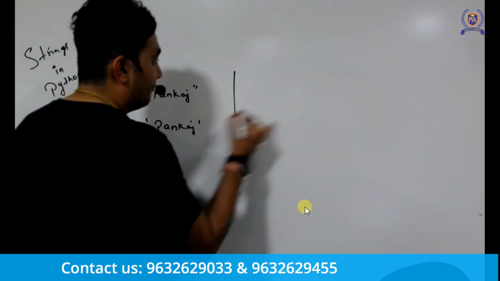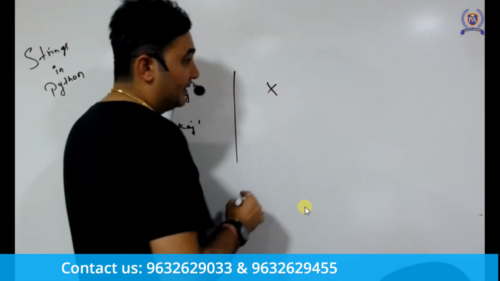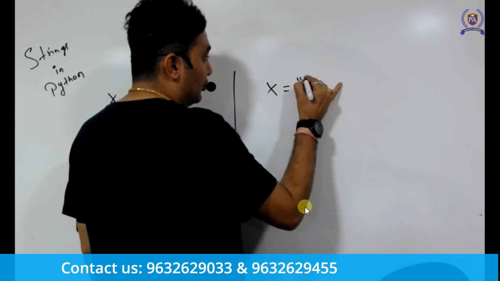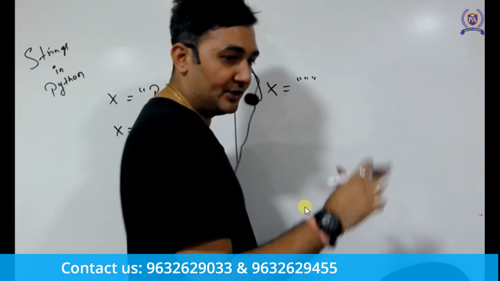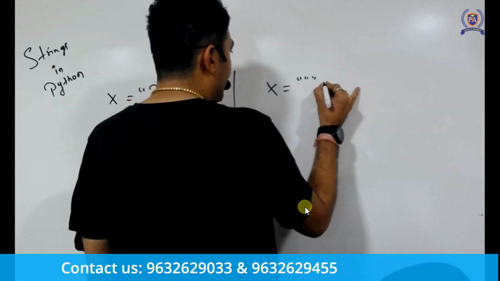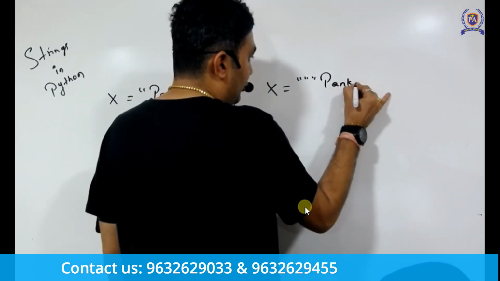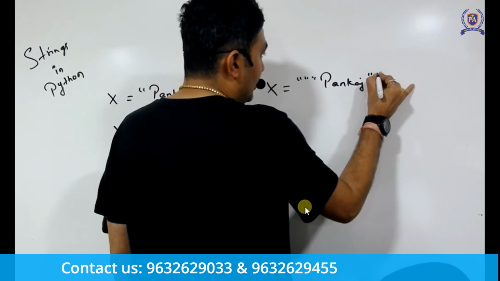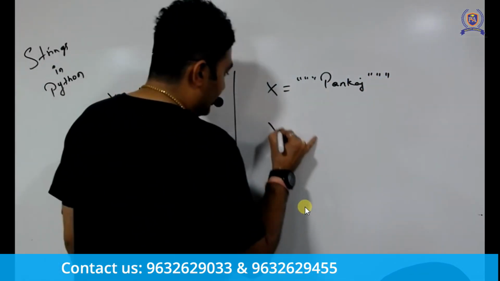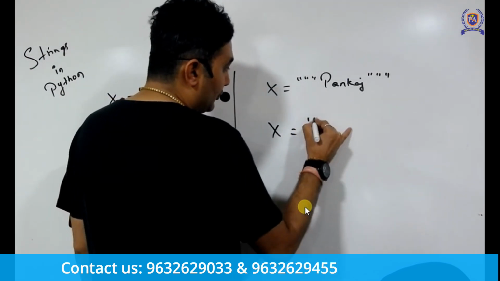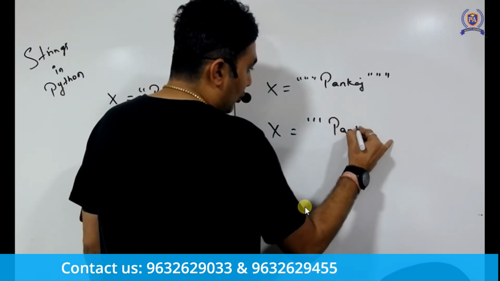Not only that, to declare a string in Python, you can use 3 double quotes. If you use 2, you will get an error. Either you can use 1 or 3, and you can give the string, and then again you can use 3 double quotes. The same way, you can also use 3 single quotes.